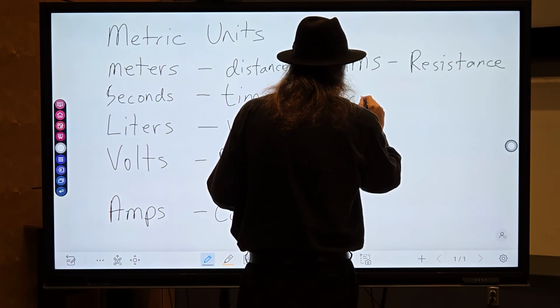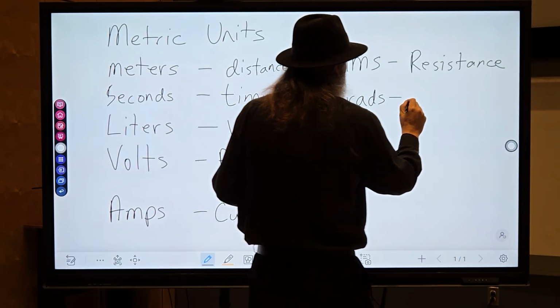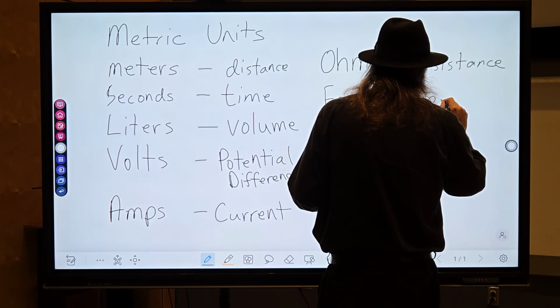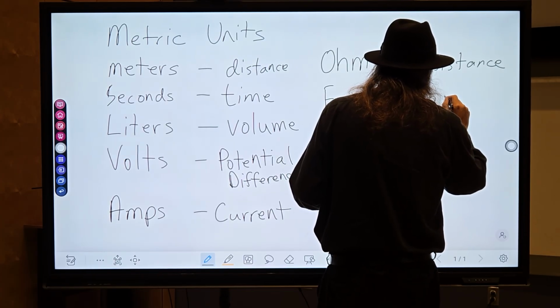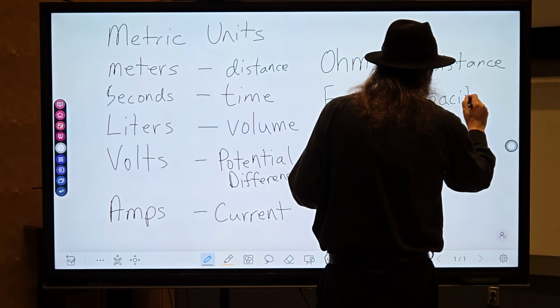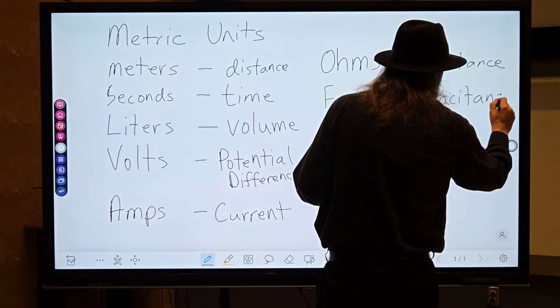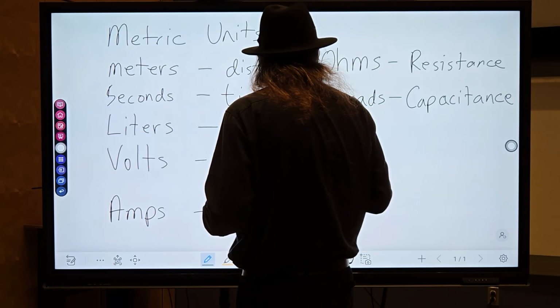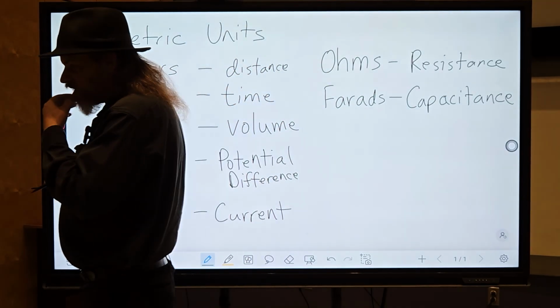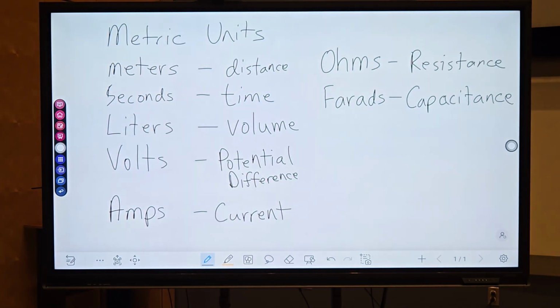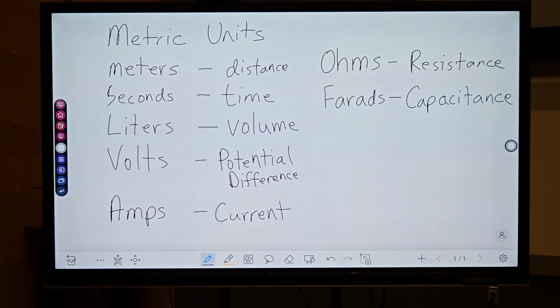Farads is a measurement of capacitance. A farad is quite a large quantity. Capacitors will be often measured in microfarads or picofarads. We'll get to those prefixes momentarily.